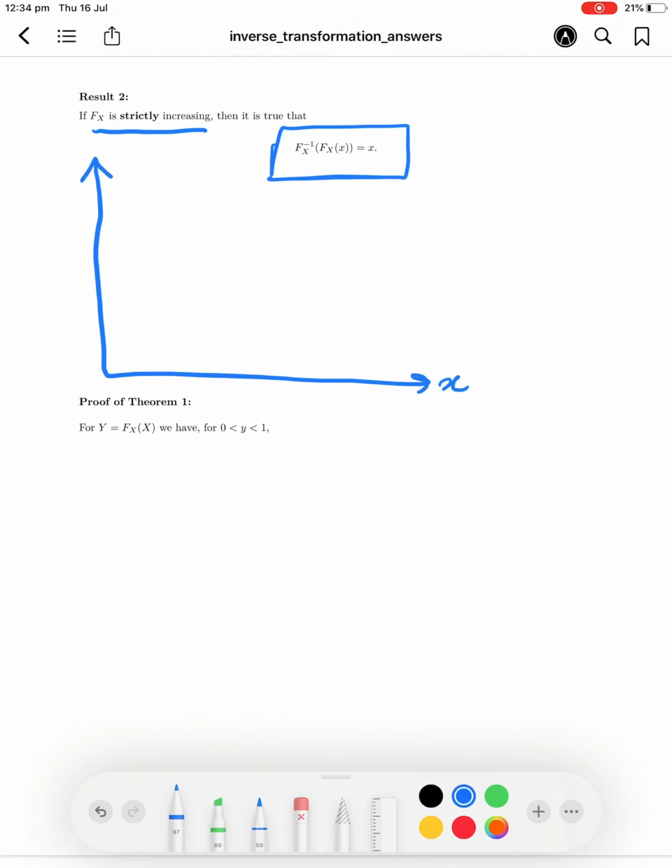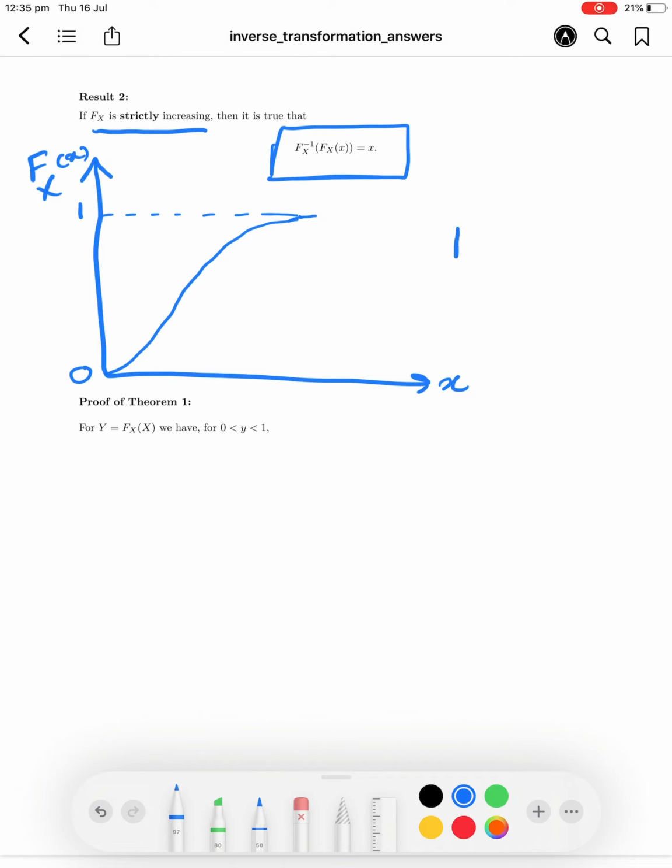We have here x, here Fx simple x. We are referring to a strictly increasing function like this. Maximum is 1, minimum is 0.